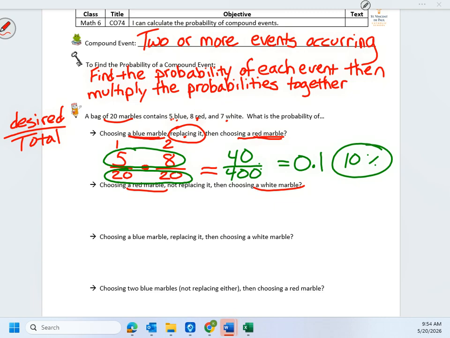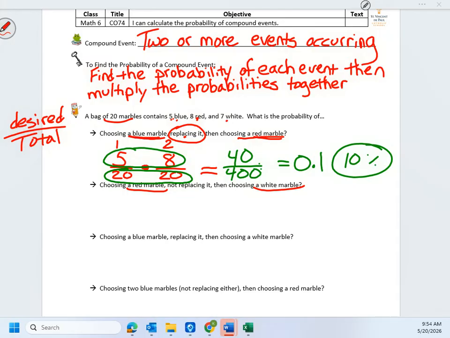It's just we need to pay attention because what is the not replacing it going to do for our probabilities? What does it change when we don't replace it? What is it going to change, Vinny? The amount of marbles. Yeah, it's going to change our total outcomes, how many denominator outcomes we have. So if we don't replace it, that number will be different.